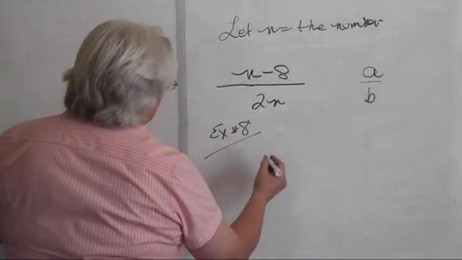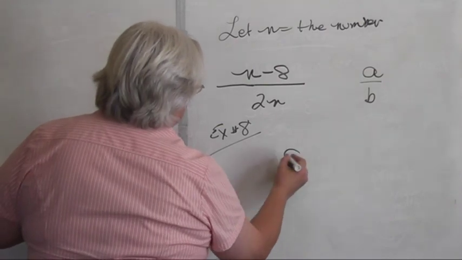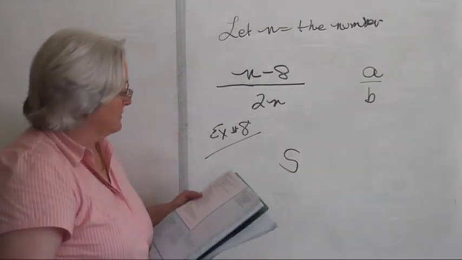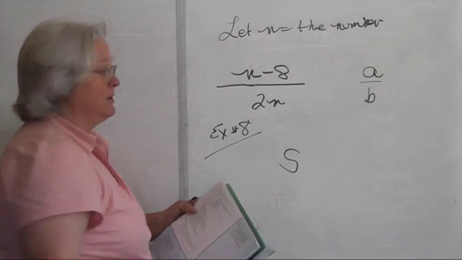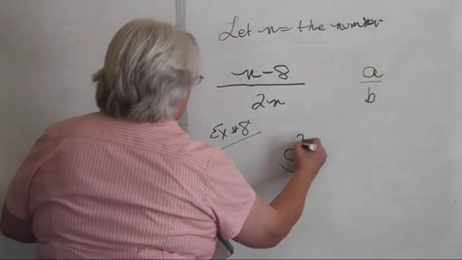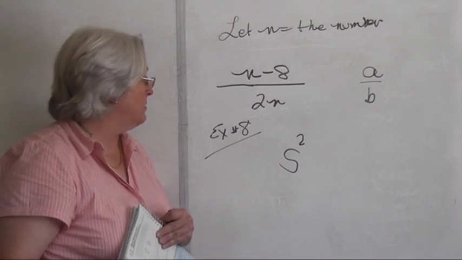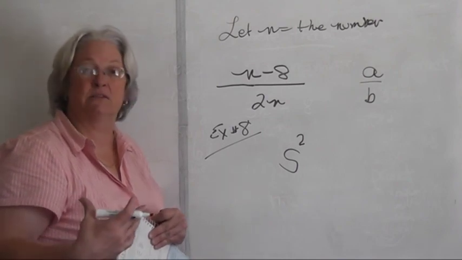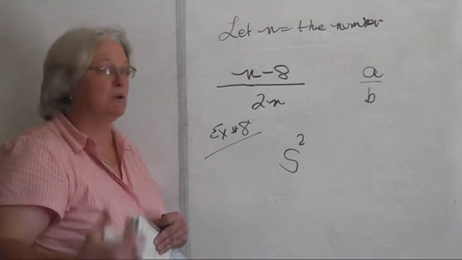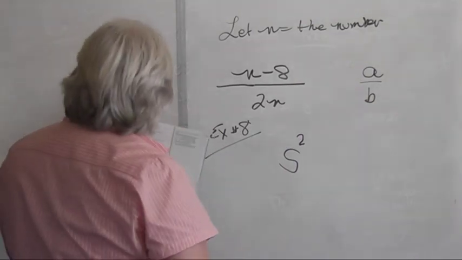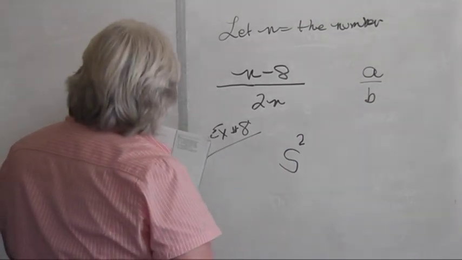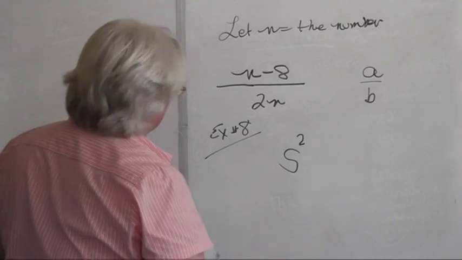So if the number is S, let S be the number. What's the square of the number? S squared. This little exponent here means that we are going to use S, whatever that number is, 2 times as a factor. Well, what does this say? This says the opposite of the reciprocal of the square of a number.